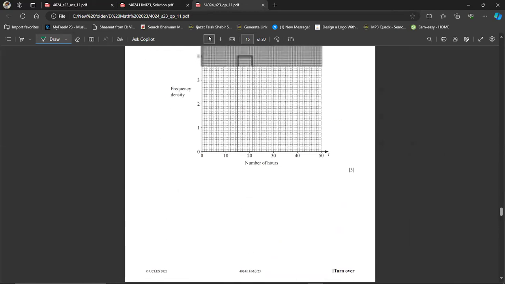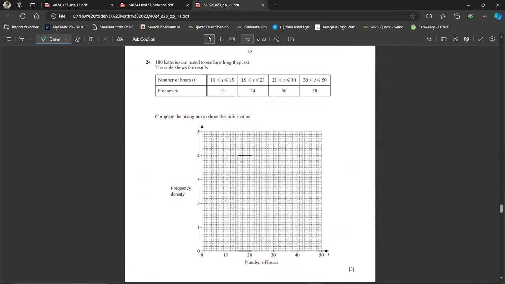Whenever you want to draw the histogram, we need class width, and you divide the frequency of that class with the class width, you will get the frequency density. Then we will represent that information here. So what is the class width here? 15 minus 10, the class width is 5.